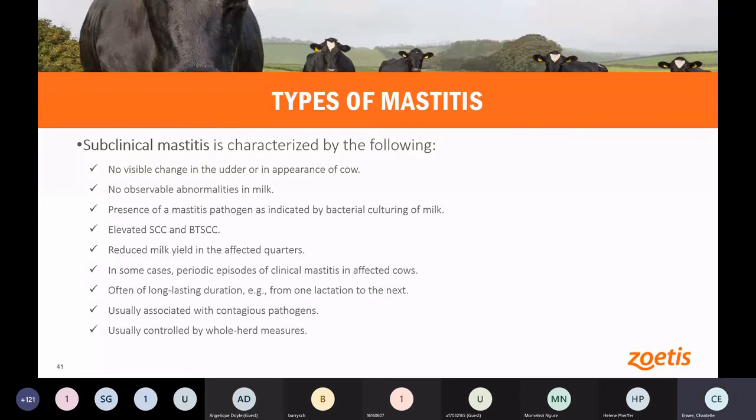You might see elevated somatic cell count and bulk tank somatic cell counts, and there might be a drop in the milk production. Okay, so these can be quite chronic, and especially with something like a Staph aureus, and especially if they are resistant to antibiotics.